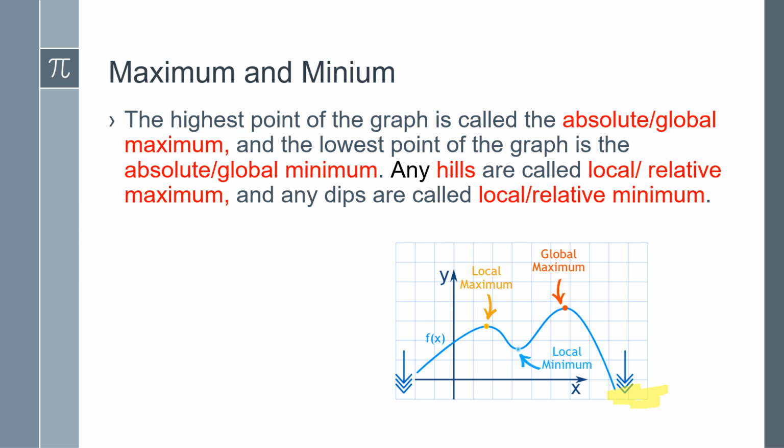So therefore it's negative infinity, because it goes to some very small number. But the largest thing is called the absolute maximum. The local minimum is like a small dip. Well, that's a local maximum. And any dips you see are called local minimum.